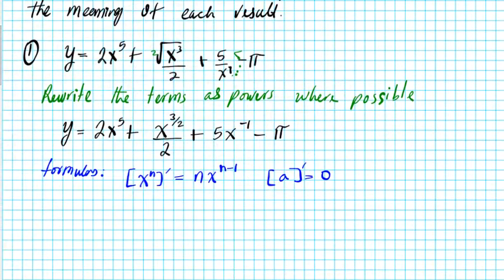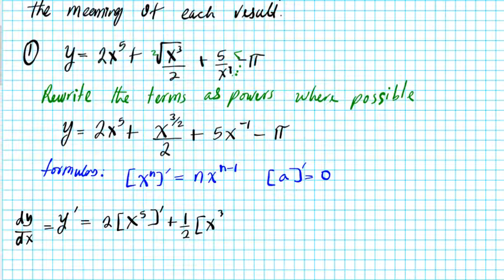Alright, now let's go ahead and apply these rules here. I will be factoring out coefficients where applicable. So y prime, remember dy dx is the same thing as y prime. Factor out the 2, so we have 2 times x to the fifth prime. And then you factor out 1/2 times x to the 3/2 prime.